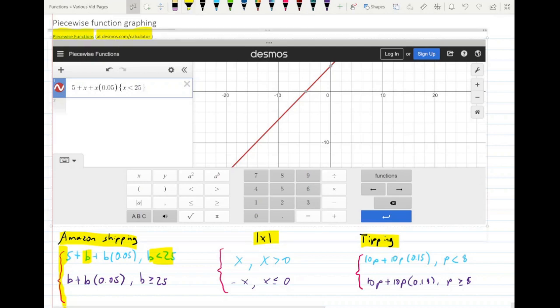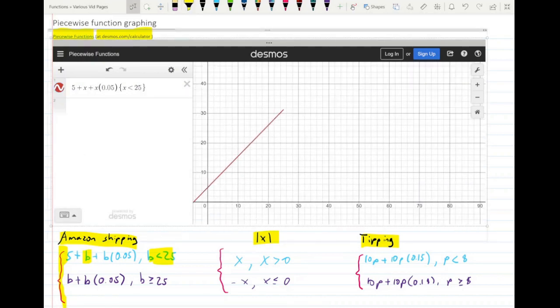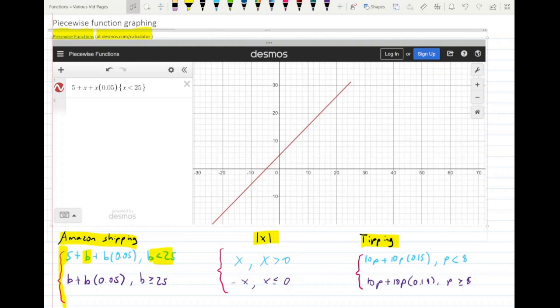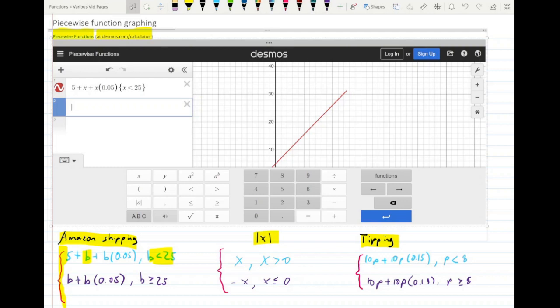So if you go ahead and look in this piecewise function here, we have this segment of a line that corresponds to the x values below 25. Notice too that we have to use separate lines for these two rules because Desmos only allows one equation per line.